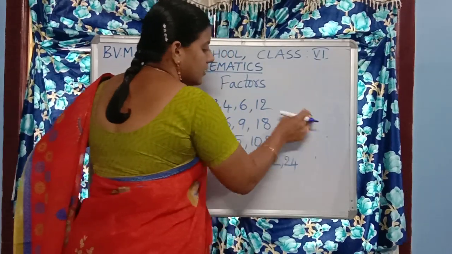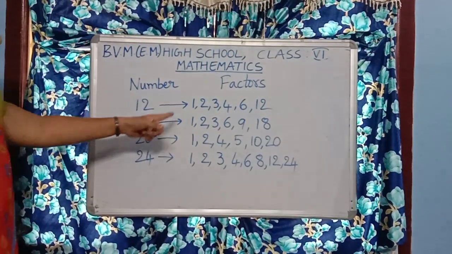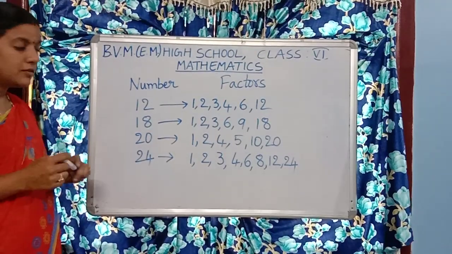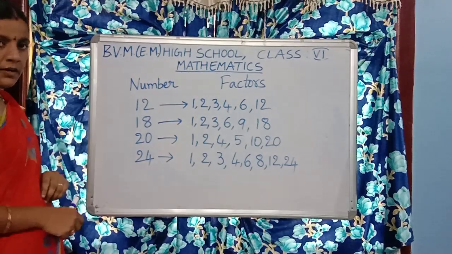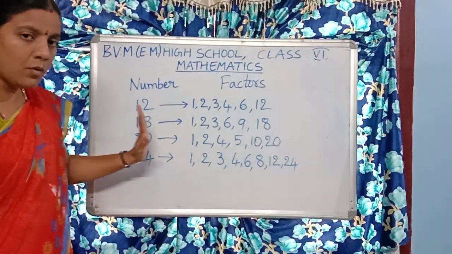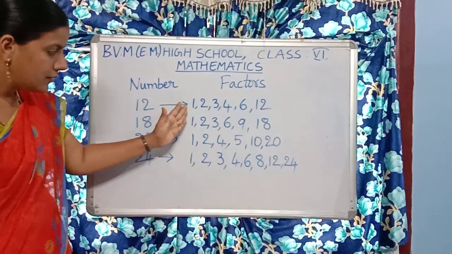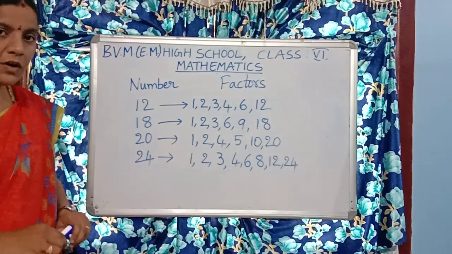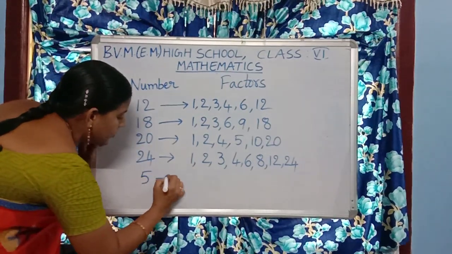From this, what is our observation? Look here, observe, for every number, what is the common factor? 1 is the common factor. Take 5 also.